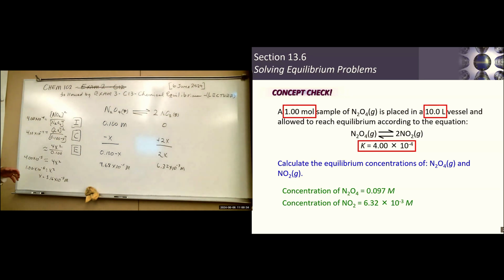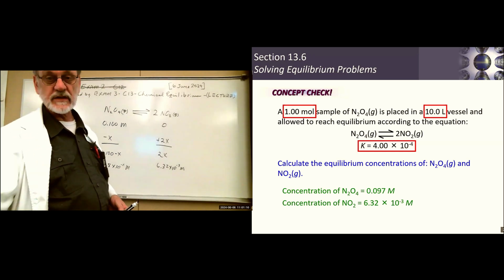To see if that is actually correct: x is 3.16 times 10 to the minus 3, which is 2 orders of magnitude smaller than 0.1, so we're pretty safe saying x is insignificant in this calculation. But the only way to be absolutely certain is to take that x value, stick it back in here and here, and calculate to see how close it comes to that value. It needs to be within 5%.